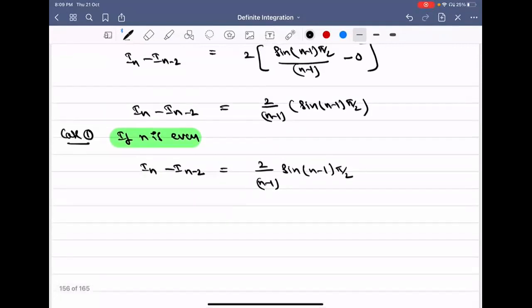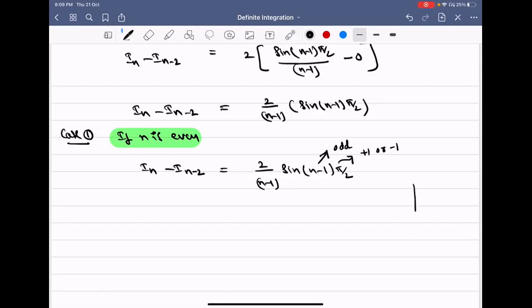If n is even, this n minus 1 will be odd. So if n minus 1 is odd, then the value of sin of (n minus 1) into pi by 2 is either plus 1 or minus 1.